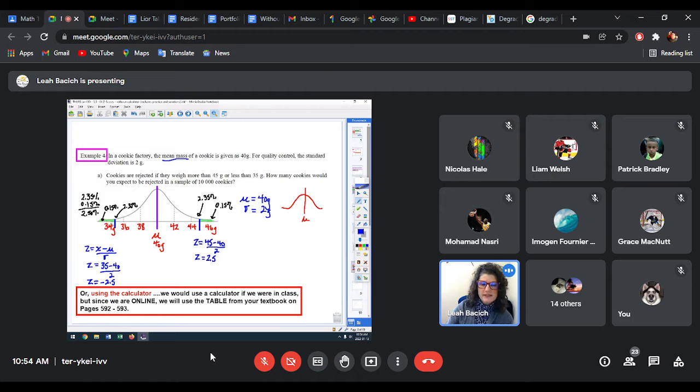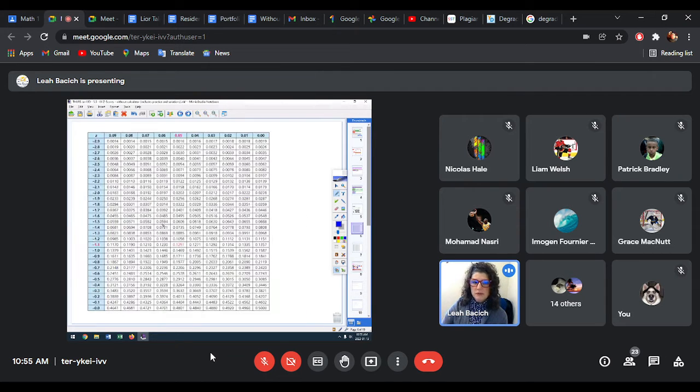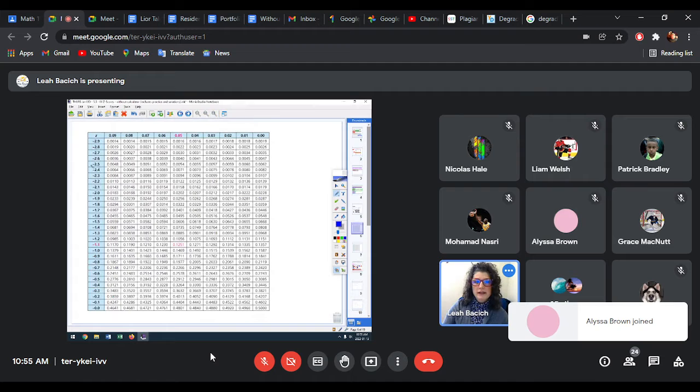I know this percentage. The problem with this one is when I get the z-score here, it'll actually give me a huge percentage because it's all the area under the curve to the left. So this one's easy.